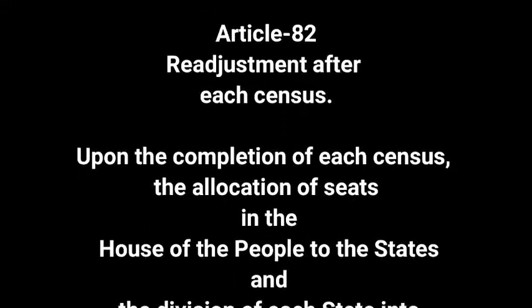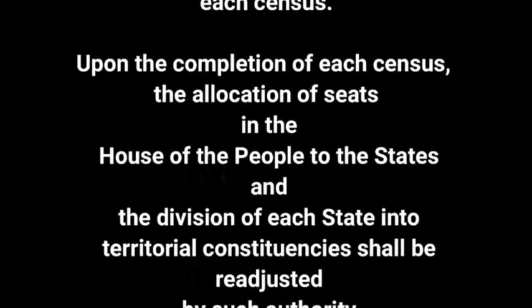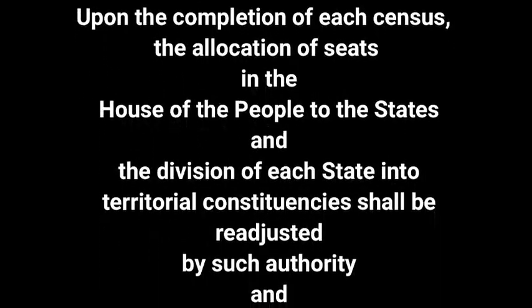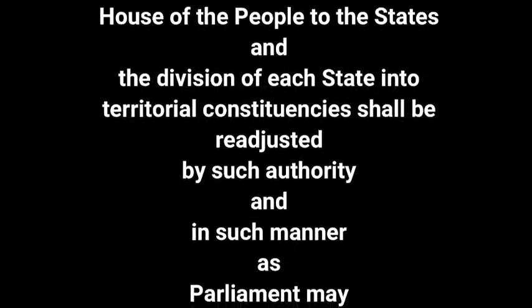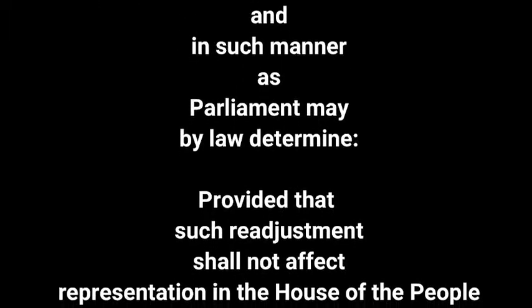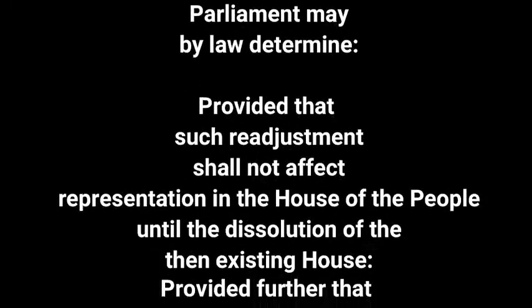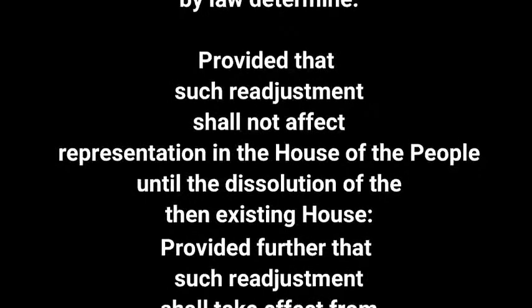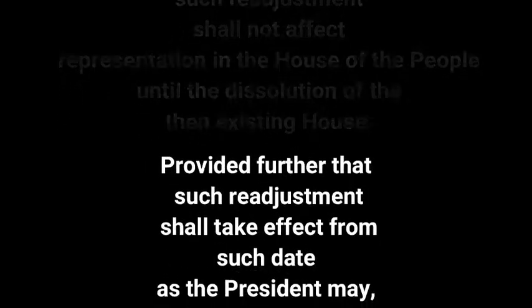Upon the completion of each census, the allocation of seats in the House of the People to the states and the division of each state into territorial constituencies shall be readjusted by such authority and in such manner as Parliament may by law determine, provided that such readjustment shall not affect representation in the House of the People until the dissolution of the then existing House.